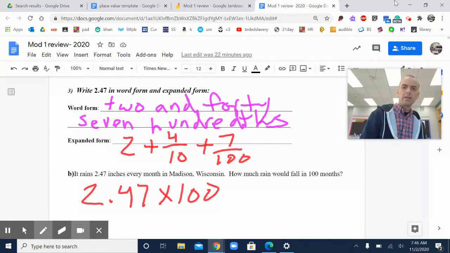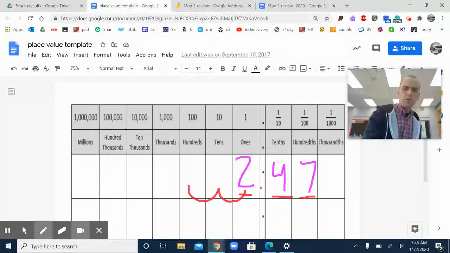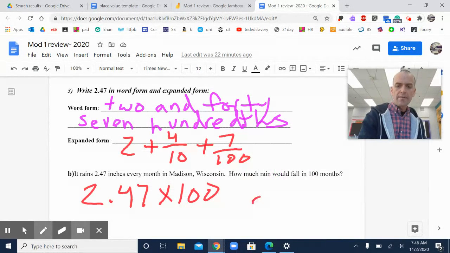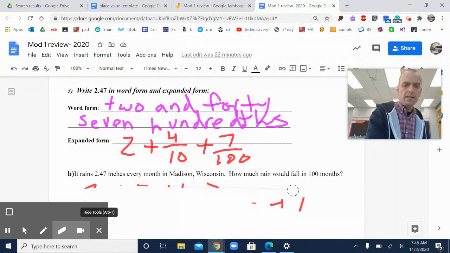Then I simply go to my place value chart. I already have 2.47 there, and I times it by 100. I go times 10 times 100. So it would rain 247 inches in 100 months. Okay? All right, let's do some erasing so we can move on.